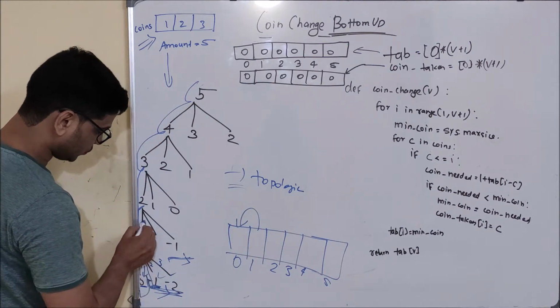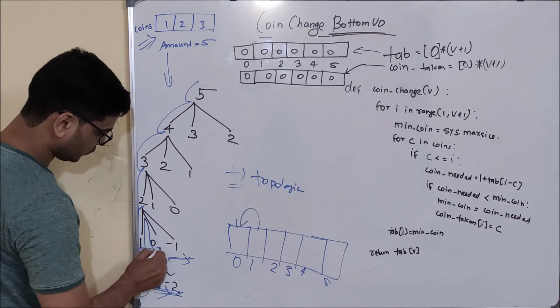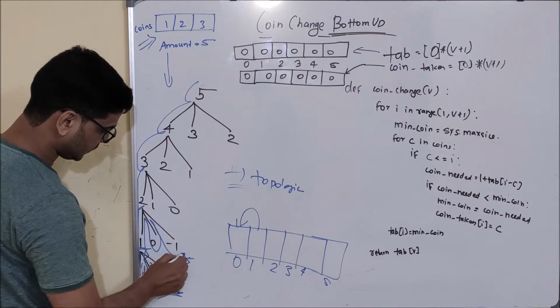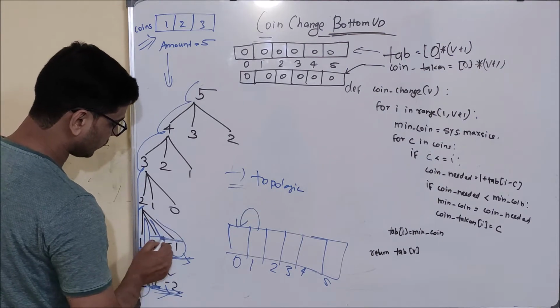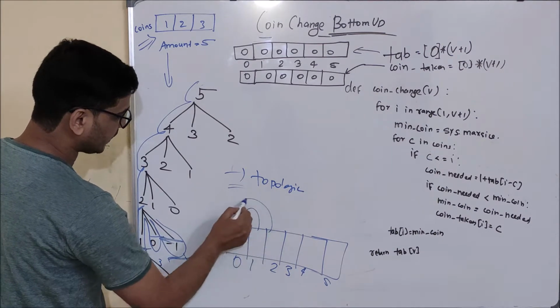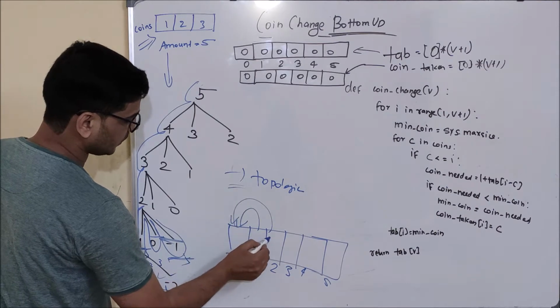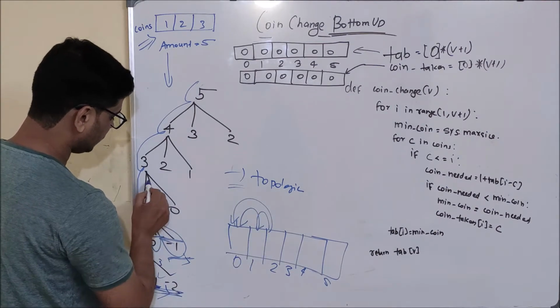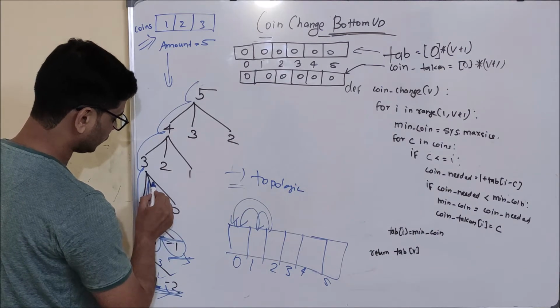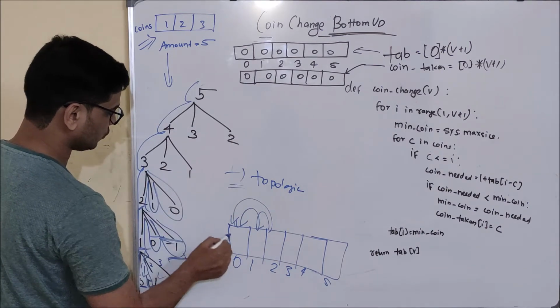Now 1 is returning to 2 and 2 is calling 0, and 0 is calling -1. If you ignore -1, then 2 is coming to its answer from 0 and 1.